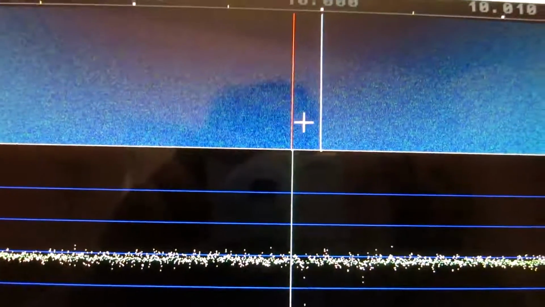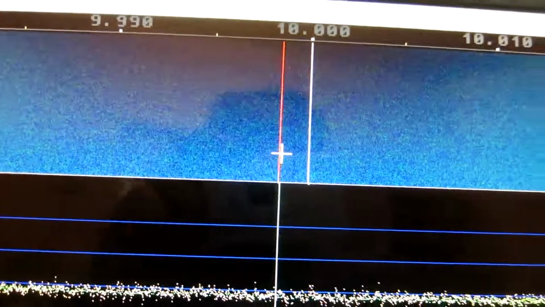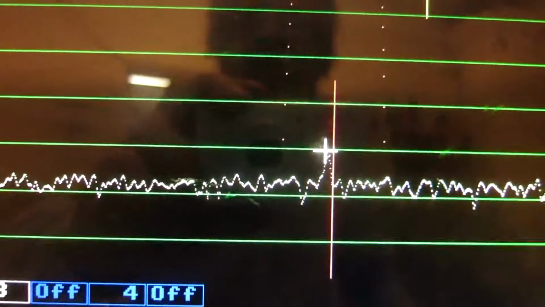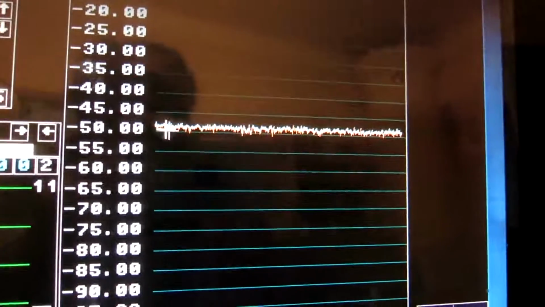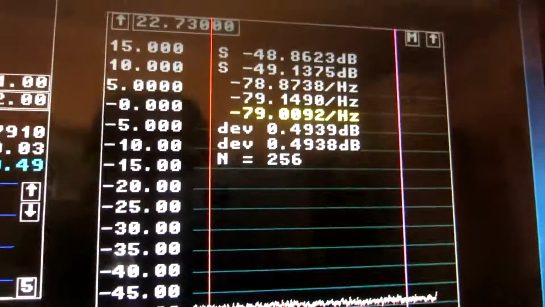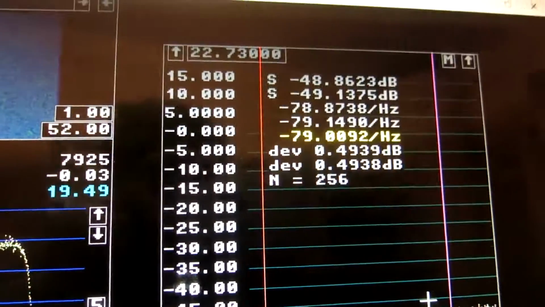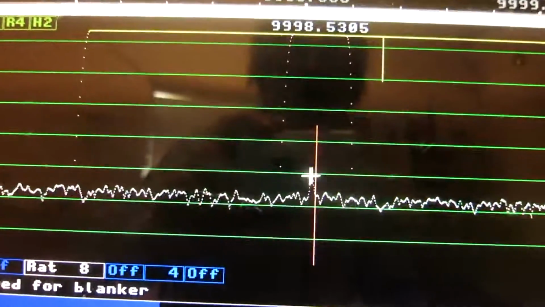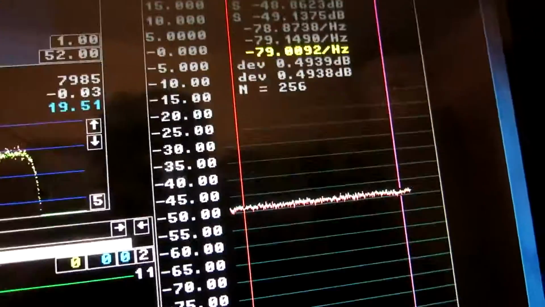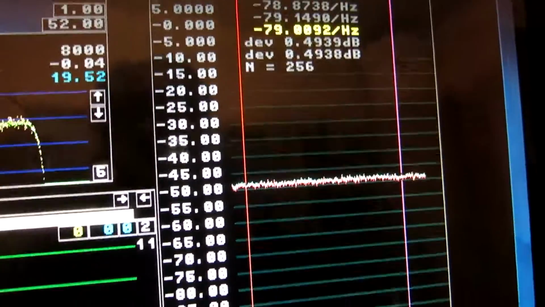The mirror image, which is pretty strong in the waterfall here, it's really not strong at all. You can see in the graph here. And if you look at the noise, it isn't much stronger than the white noise. I have here now -79. So introducing also the mirror image lifts the noise floor by 0.55 dB only.